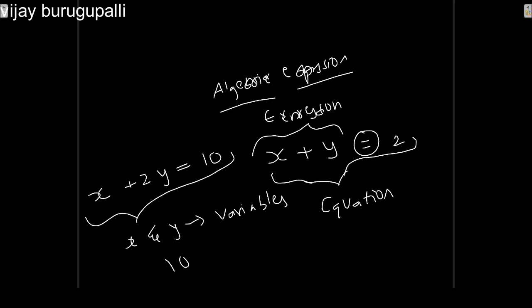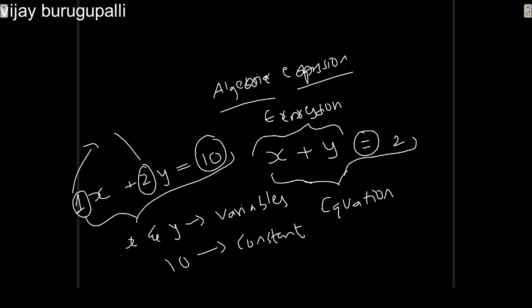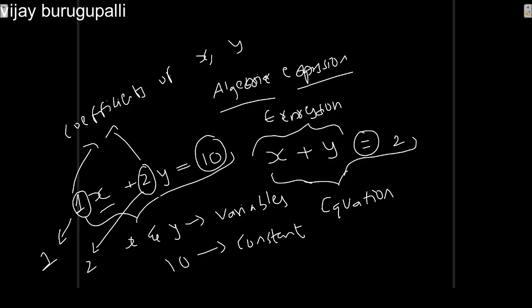Similarly, 10 is called a constant numeric value, and here 1 and 2 are called coefficients of x and y respectively. Here the coefficient of x is 1 and the coefficient of y is 2, x and y are variables, and 10 is called a constant.